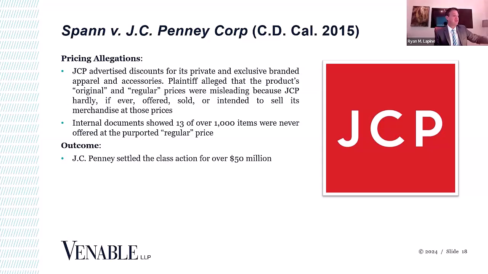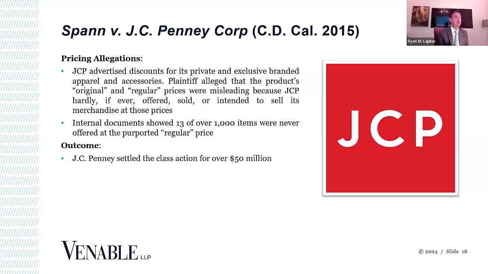And in this case, the plaintiffs went after the JCPenney Corporation under the unfair competition law that's codified in California Business and Professions Code 17200. And 17200 outlaws unfair or unlawful business practices that tie into the FTC regulations, tie into the false advertising law, but it calls for the disgorgement of profits or unjust enrichment based on the false advertising.